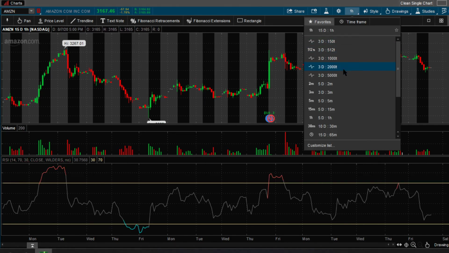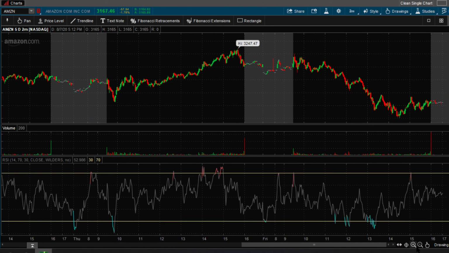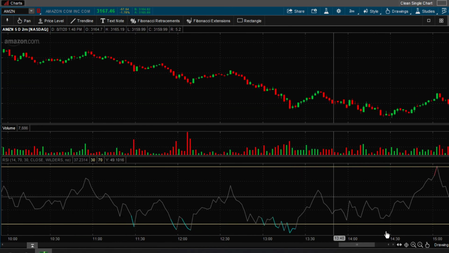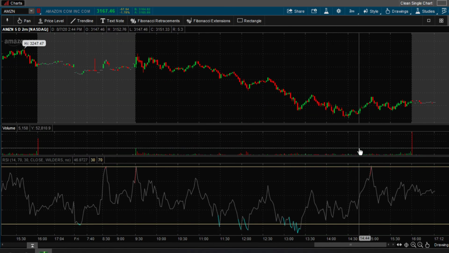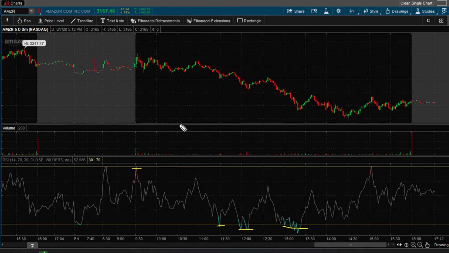Now, if you go on the lower time frame, now you have a few entries here. You have an overbought signal there, oversold, oversold, and oversold, but the market still continued down.